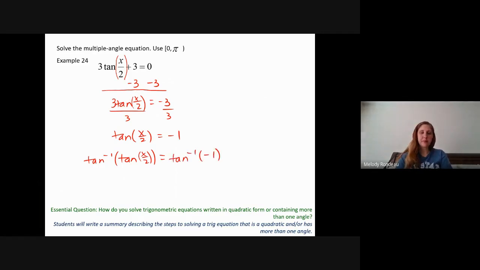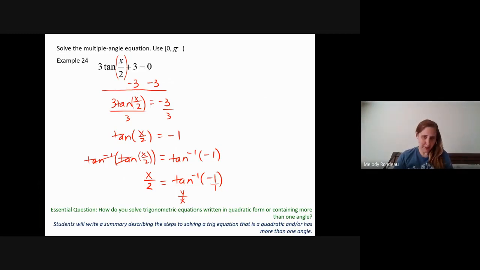There we go. And so my inverse tangent gets rid of my tangent. I have x over 2 equals tangent inverse of -1. So for this one, since it's tangent, remember tangent is the same as y over x. And if I look at this -1 and I create a fraction really quickly, I'm looking for that same.